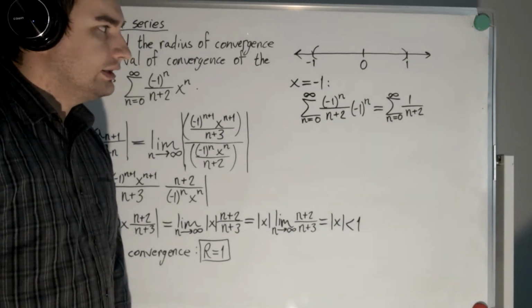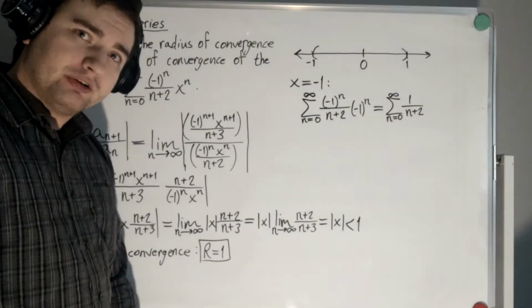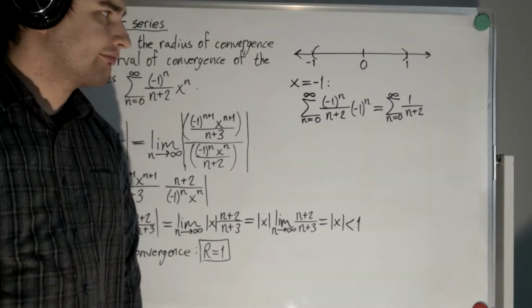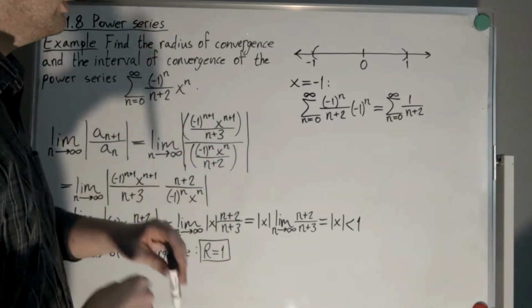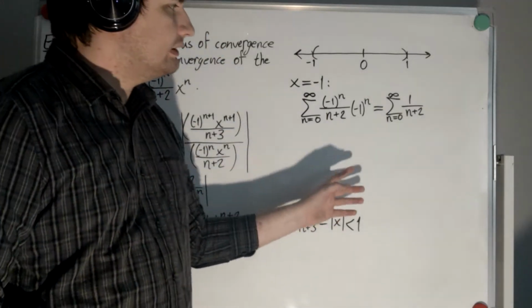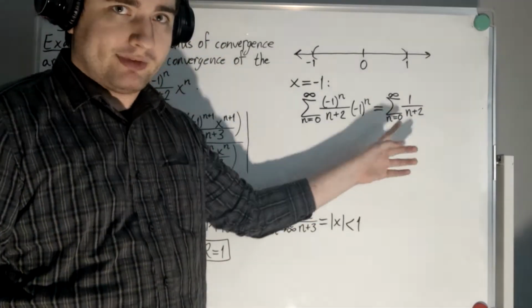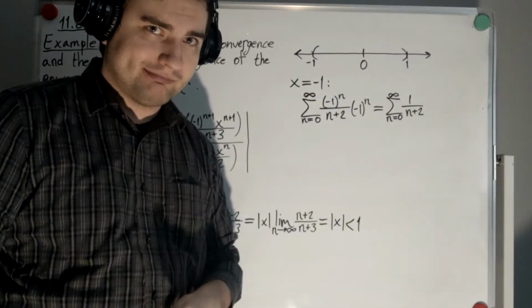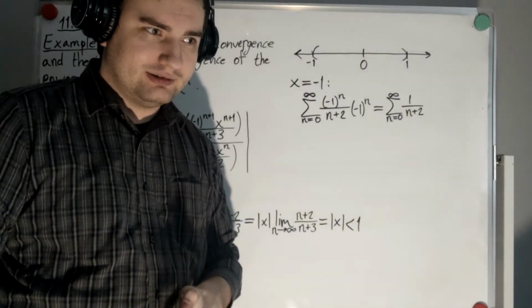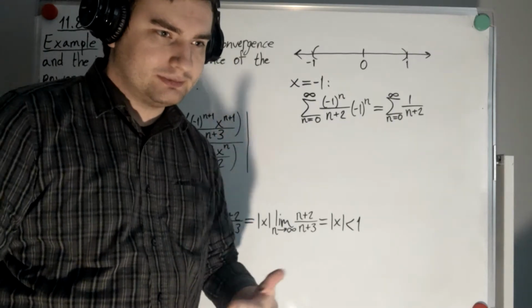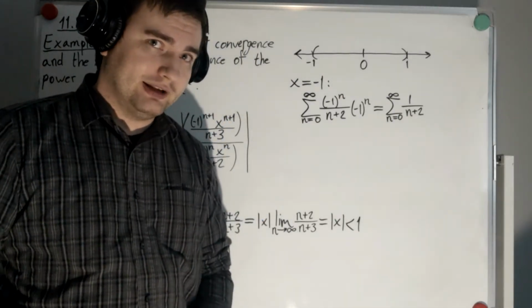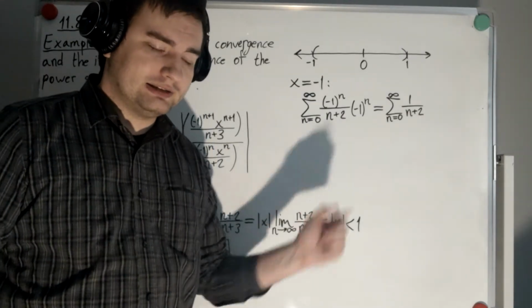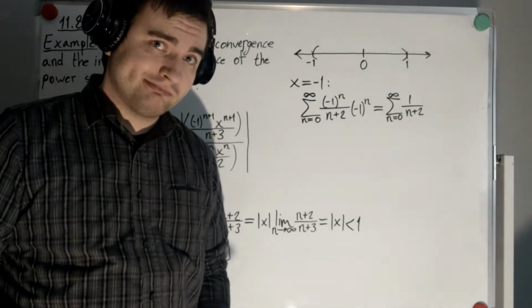Now is this convergent or divergent? Well, if you do the limit comparison test on this and the harmonic series, you'll find that the limit is positive infinite. So by the limit comparison test, this has the same behavior as the harmonic series.